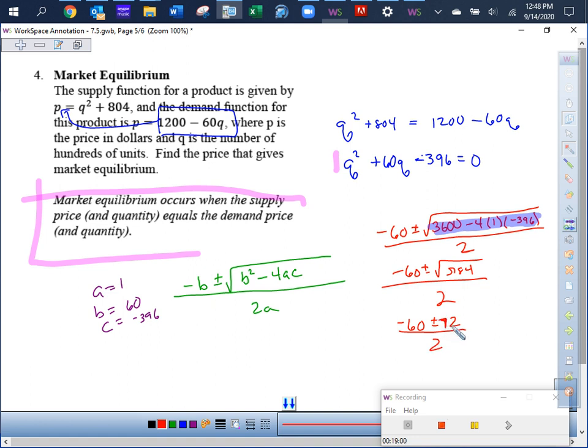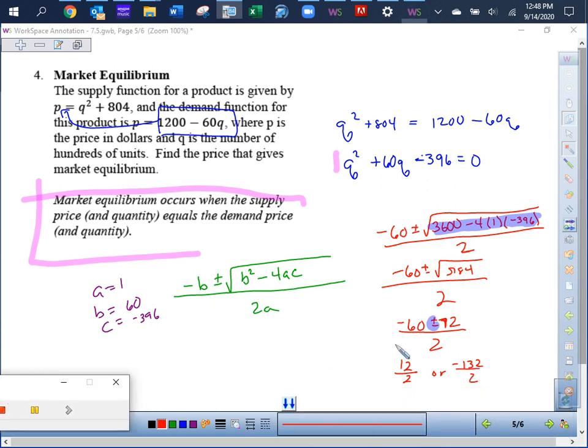Then it's been a long time, or maybe you've never had to do this, like clean this up. So we have to use the plus or minus. So it's negative 60 plus 72, which is 12. You got to figure that out first. Then it's over 2. Or negative 60 minus 72, which I believe is negative 132.